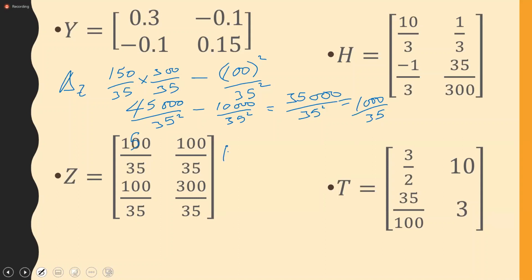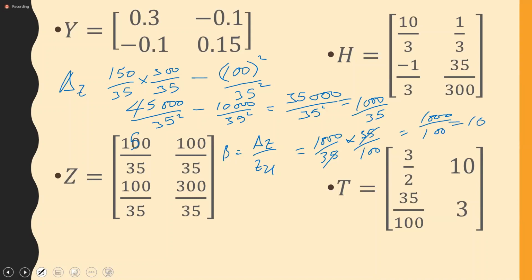And B is equal to delta Z over Z21. So we have here 1,000 over 35 times 35 over 100. All right, so we get 1,000 over 100, equal to 10.